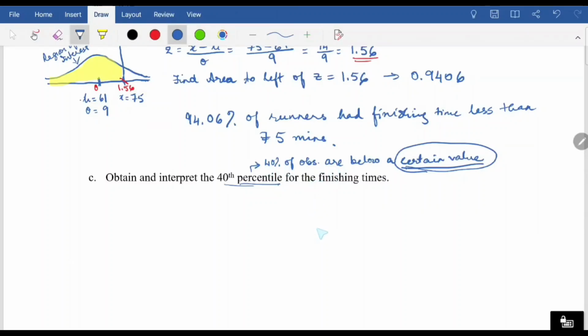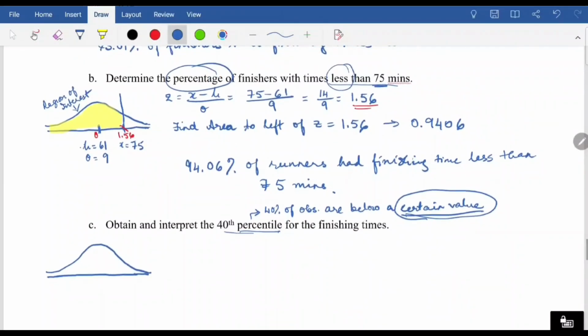Again, begin by drawing the curve. So I'm going to first draw a diagram here, a standard normal curve. This time we have to start with the standard normal curve, because we are backtracking. In the previous question, we were given the x value. We used the x value to find the z value, and then once we found our z value, we found the area to the left, and then once we found the area, we converted that to percentage.